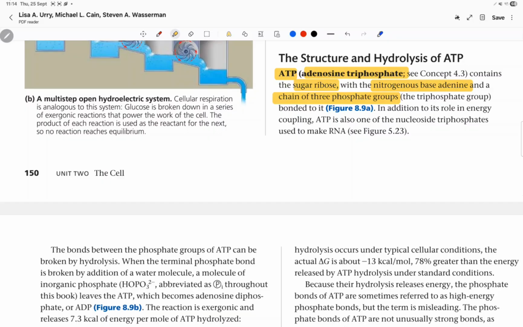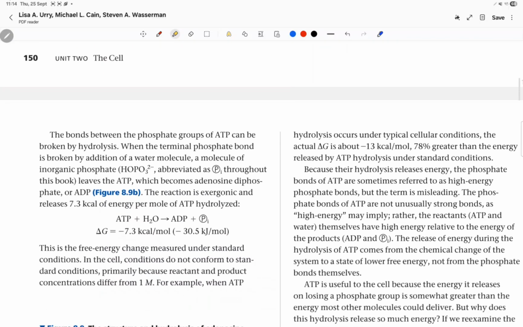Now, you can break one of the phosphates away by adding water in a process called ATP hydrolysis. And once you've done that, you will now release energy. And releasing energy is called exergonic, hence the delta G being of a negative sign.